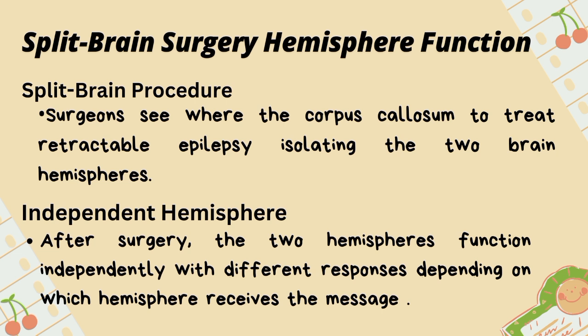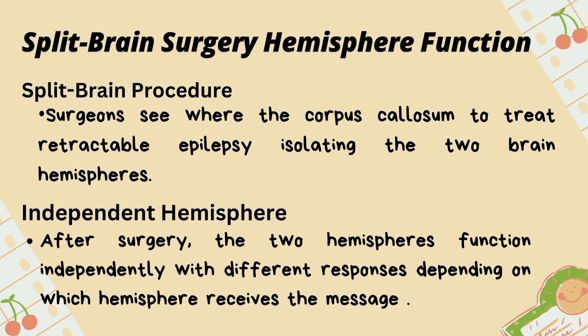So after the split brain procedure, the two hemispheres of the brain function independently, leading to different responses based on which hemisphere receives the input. For example, if a ballpen is placed in the left hand here, which is processed by the right hemisphere, the person can use it but cannot name it.